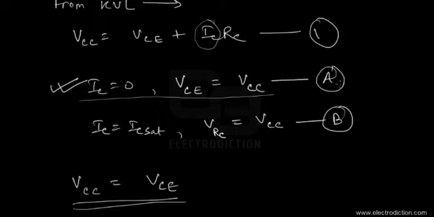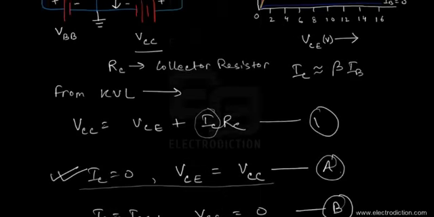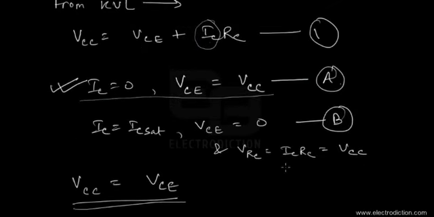That's how we obtain condition A. As far as condition B is concerned, if we put IC equals IC sat, then as I said, the entire voltage of this biasing voltage source would drop across this resistor RC, so the voltage drop across the resistor RC would equal the entire voltage of the reverse biasing voltage source VCC connected in the output loop. And at that moment, the collector emitter voltage would be equal to 0.